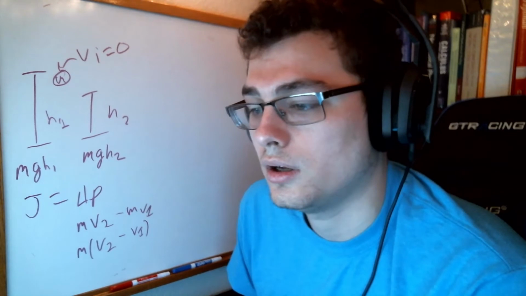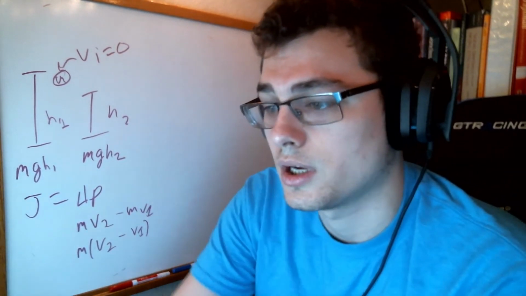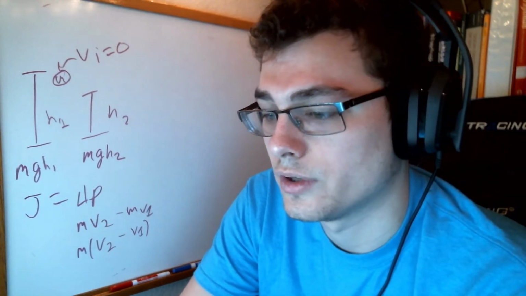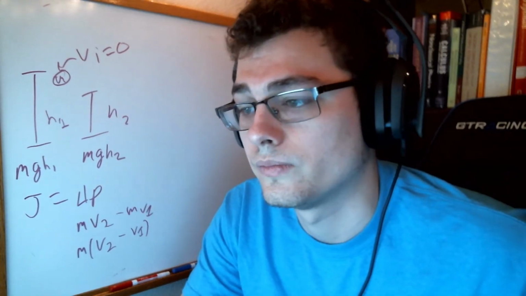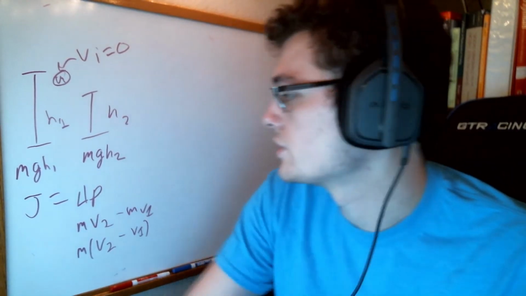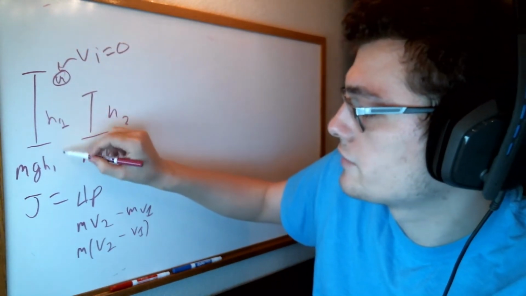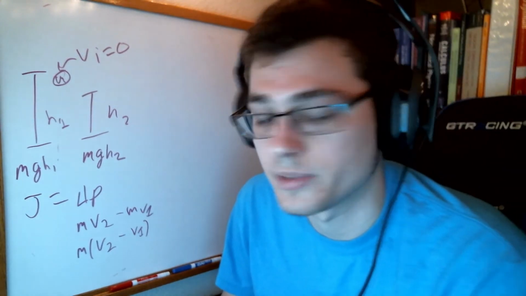One thing we have to know before this is what the velocities are when the ball hits the ground. When this ball hits the ground, all of its energy is going to be kinetic instead of potential.